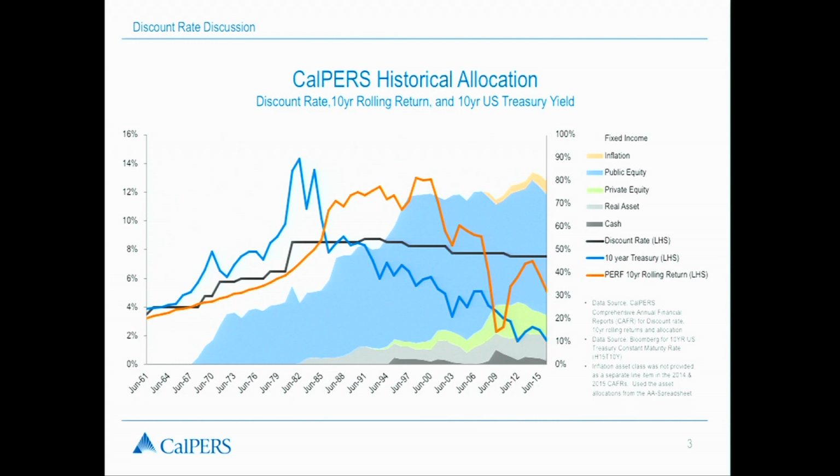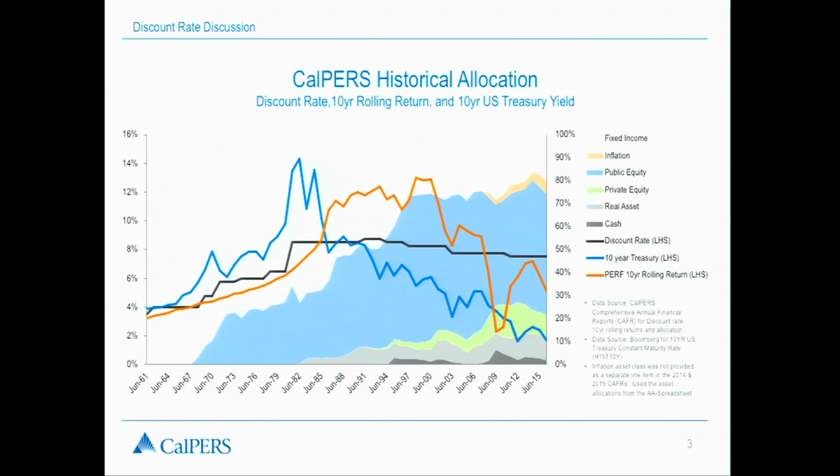Back in the 60s, we were 100% fixed income, return was around 4%, and the discount rate, again, was around 4%. And you can see as the 10-year Treasury jumped up over the years, the discount rate followed along, and then while the discount rate stayed steady, we had a decrease in the Treasury rate.